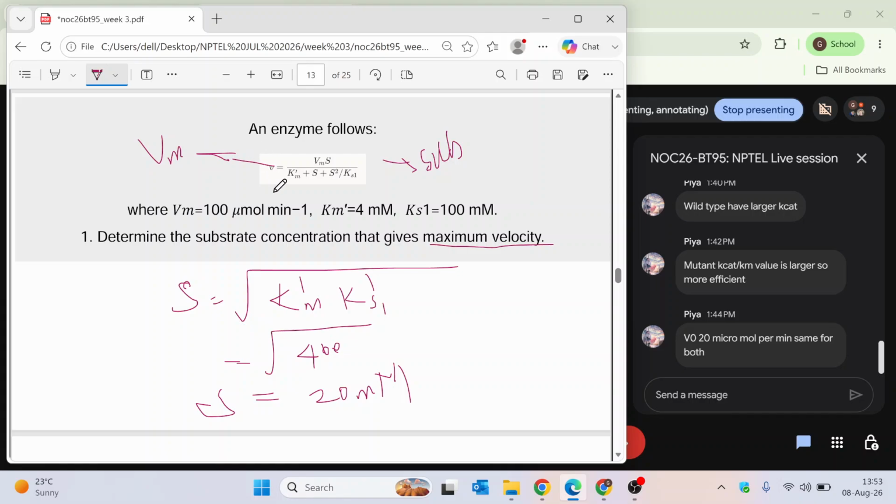You just substitute V is equal to Vmax, and based on the given data, you will know that at the substrate concentration of 20 millimolar, you will see the maximum velocity.